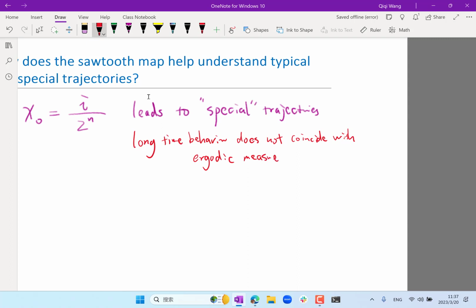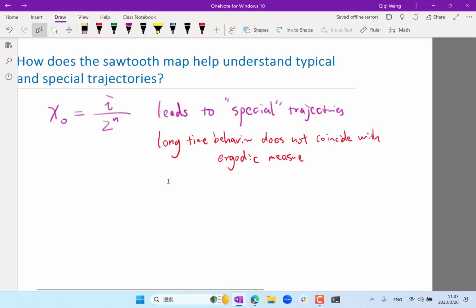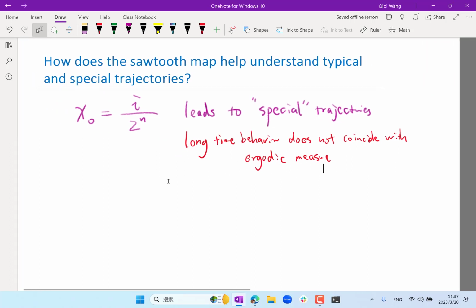By long time behavior, I mean if you have a long trajectory, what is the fraction of time that long trajectory spends within a set? For example, if we define the set to be between 0 and 1/2. If you start the trajectory like this, at some point all the xi's will be exactly 0. So the probability, as t goes to infinity, that an infinitely long trajectory stays within the set between 0 and 1/2 is going to be exactly 1. That's different from the ergodic measure.